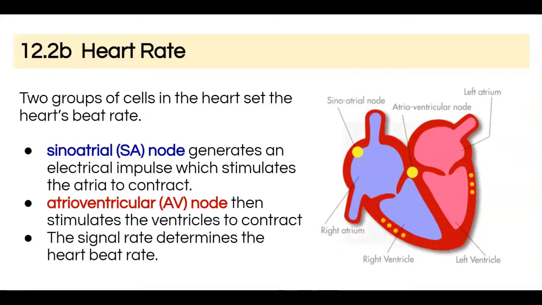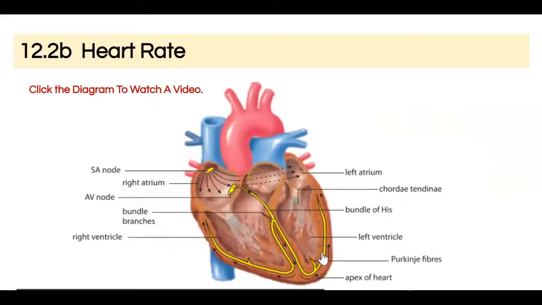So here is, just showing you that, sinoatrial node, signal sent to atrioventricular node, down through the septum, through these special fibers. We're going to talk about their name in a bit, and I'm going to challenge you to pronounce it. And then, so again, SA node causes the atria to contract, AV node signals the ventricular contraction.